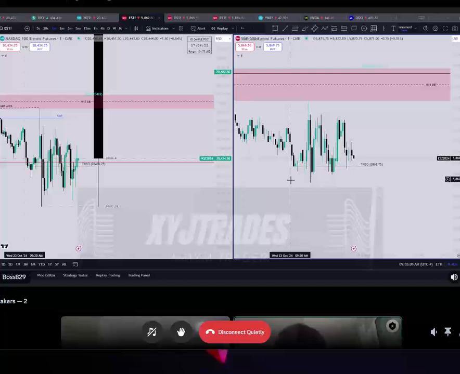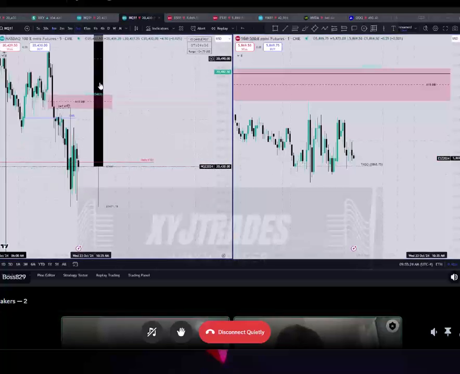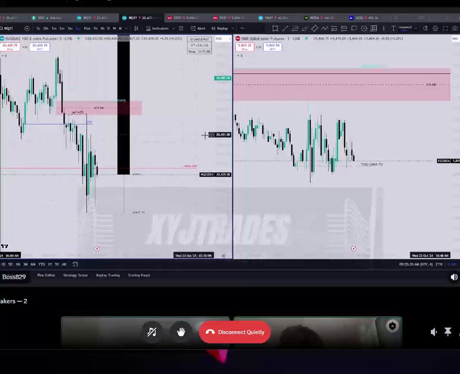Has NQ changed in state after the SMT? Yes, it did on the 5-minute chart. It did indeed change state. Right? SMT here. Actually, no. Not really. Let's see. It has to be a lower time frame. We have to look at these candles. Technically, yes, but it's still just kind of consolidating.